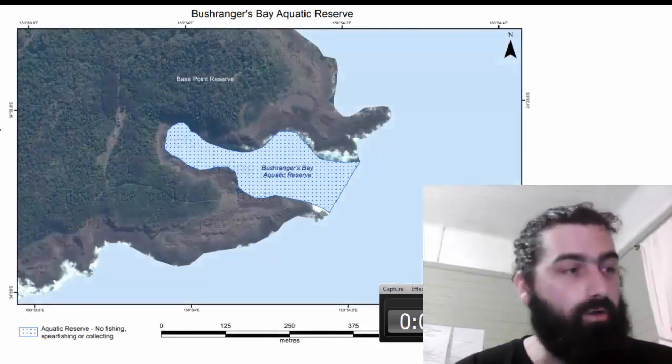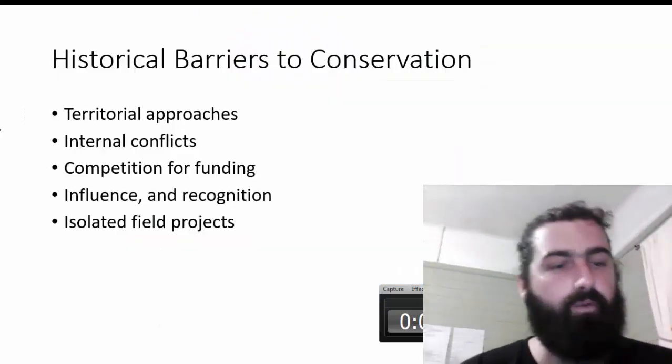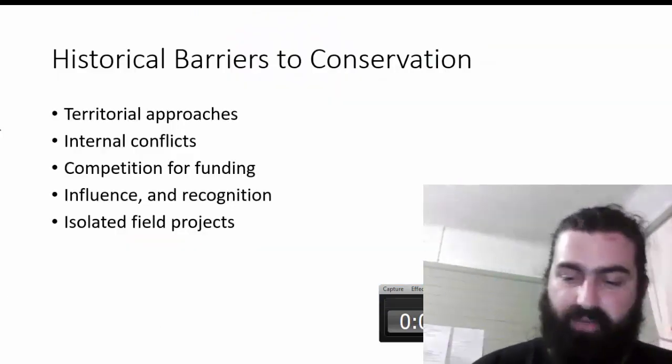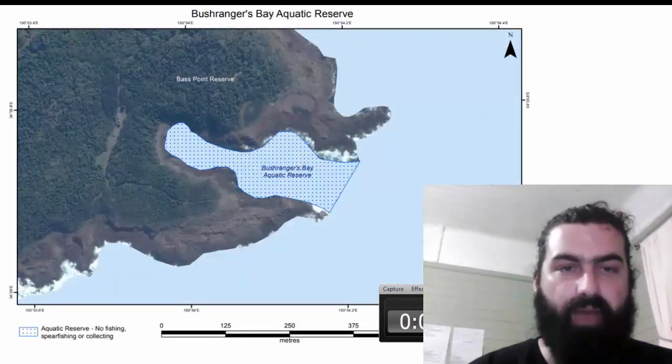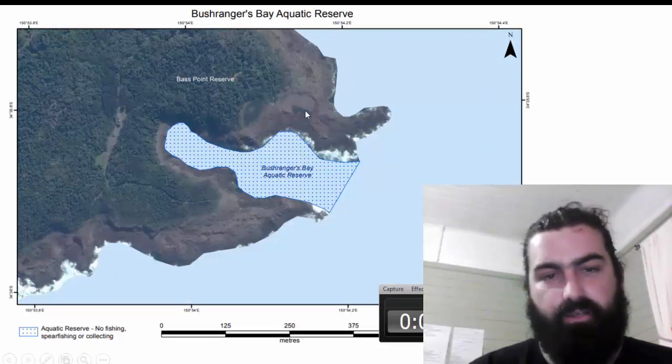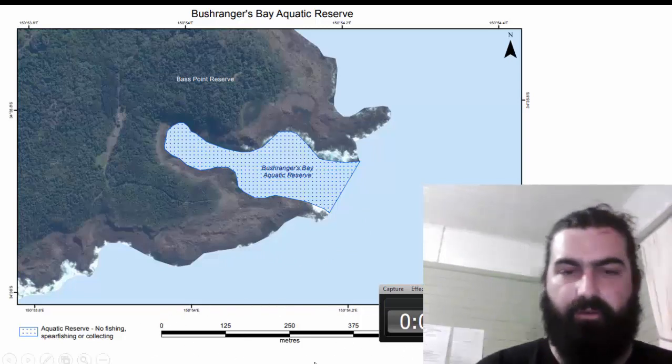Classic example from our local area here is the Bushrangers Bay Aquatic Reserve. If I just go back to that other slide, what we said was that field projects tend to be isolated. If you have a look at the Bushrangers Bay Marine Reserve at Bass Point in Shell Harbour, this little dotted area here is the Bushrangers Bay Aquatic Reserve. And I'm not sure if you can see down the bottom here, but this little scale bar down the bottom only represents 500 meters.